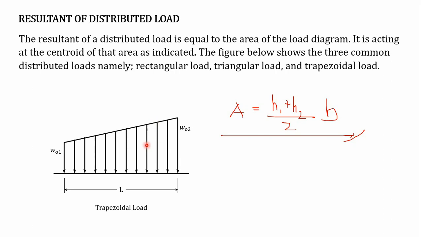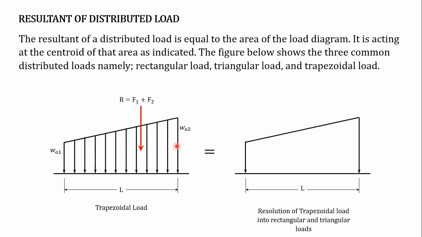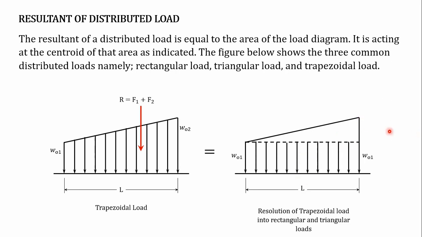So it is better, class, to divide the trapezoidal load into 2 parts. This is our trapezoidal loading, so we separate it, we divide it into 2 parts. This is our area 1 and this is our area 2. Area 1 has a height of WO1.